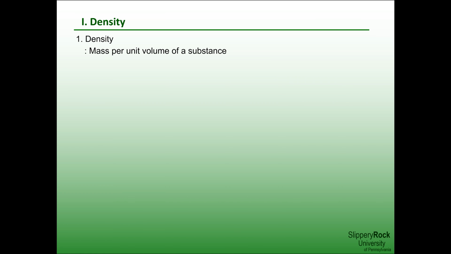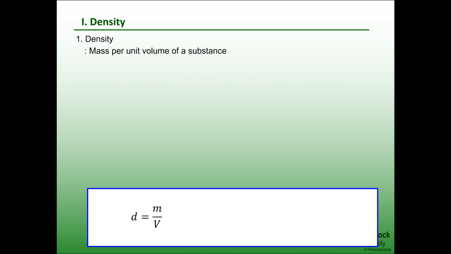The formula for density is D equals m over V, where D is density, m is mass, and V is volume. This relationship shows that density depends on both the mass and the volume of a sample. To illustrate this, let's look at the density of water. The density of liquid water is 1.00 kilograms per liter.